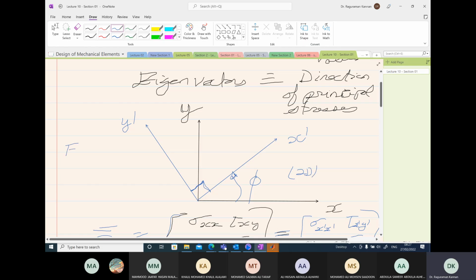For 3D, we need 3 angles for the direction. So instead of obtaining 3 angles for the direction, what we are going to do is directly get the direction unit vector along the directions.